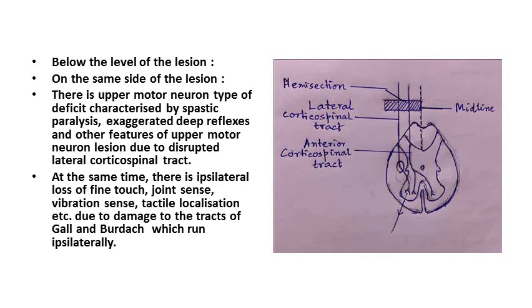In the diagram in the next slide, we'll find that the tracts of Goll and Burdach enter this spinal cord and go up ipsilaterally, and so those fibers are transected. Therefore there is ipsilateral loss of fine touch, joint sense, vibration sense, tactile localization, etc.